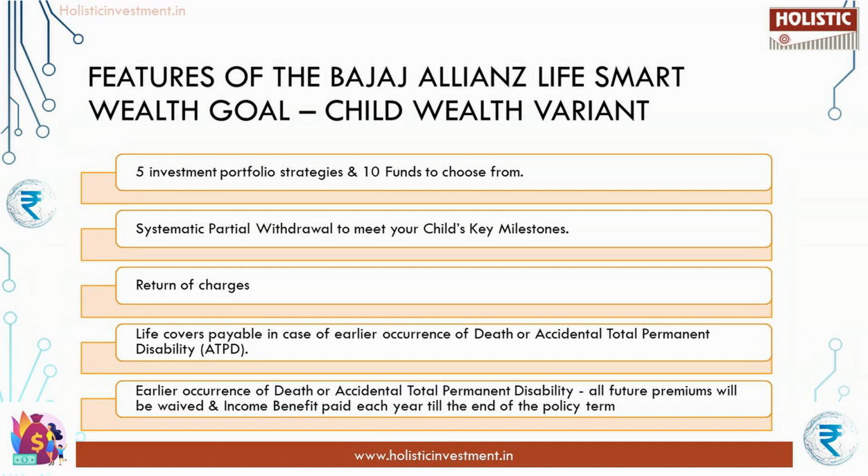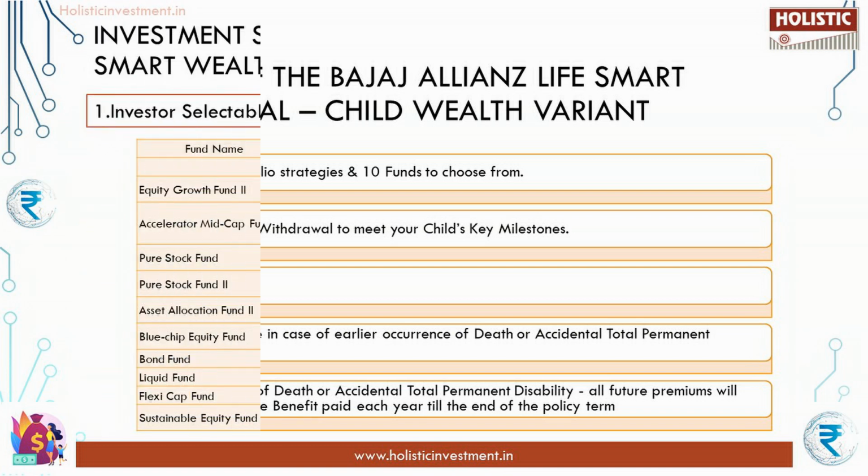Life cover is payable in case of earlier occurrence of death or accidental total permanent disability. In case of earlier occurrence of death or accidental total permanent disability, all future prevailing premiums will be waived and income benefit paid each year till the end of the policy term.